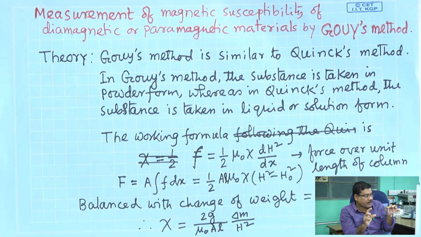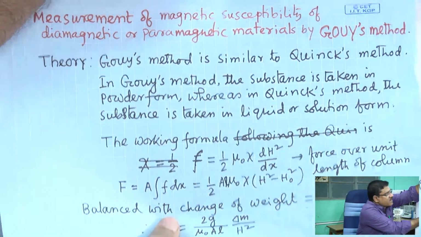And in one method we are measuring the height change of the liquid, and in another method we measure the mass change, apparent weight change of the sample over the magnetic field, plotting the graph with height or change of mass versus the square of the magnetic field, and from the slope one can find out the susceptibility. So, this is for Guy's method.